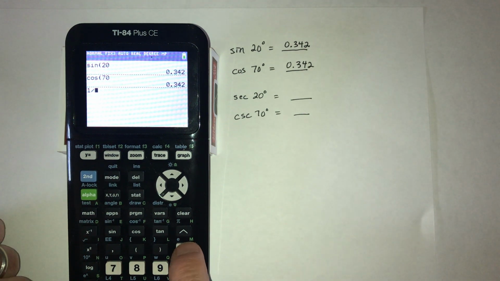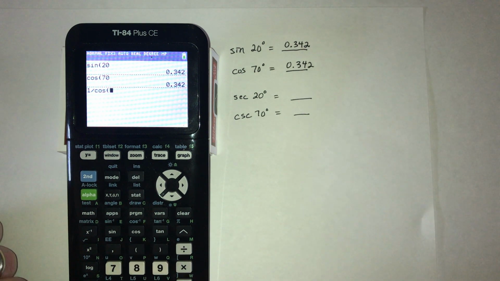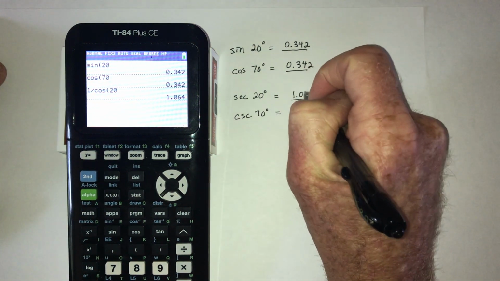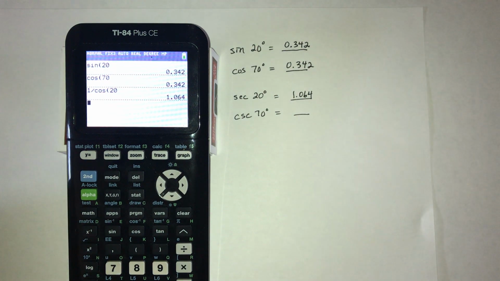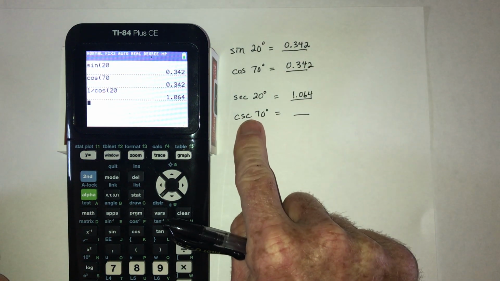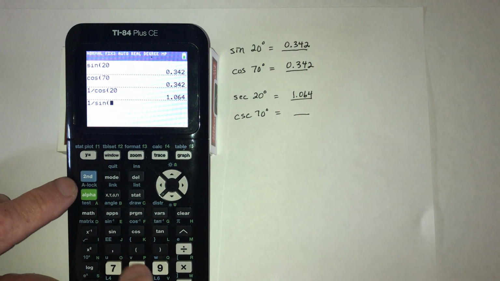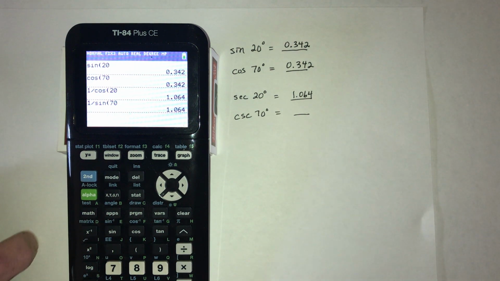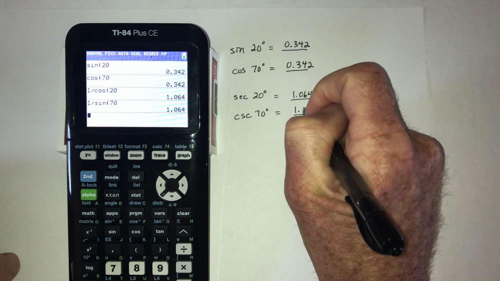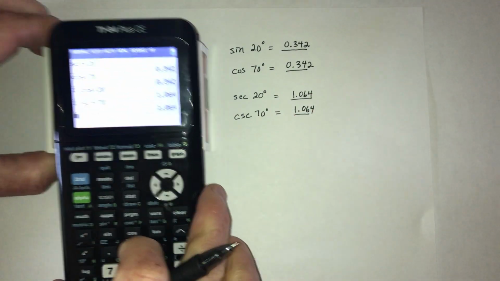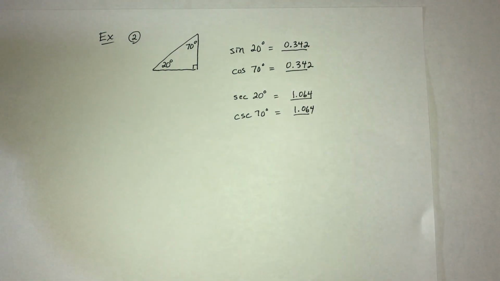So 1 divided by cosine of 20 degrees equals 1.064. And my calculator doesn't have cosecant, so I'm going to need to use 1 divided by sine of 70, and sure enough, those two are the same. So the cofunction theorem seems to be working.